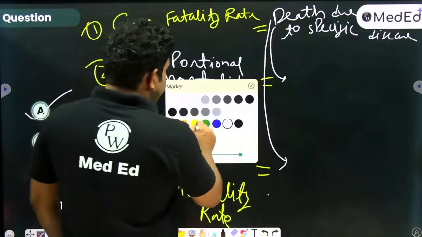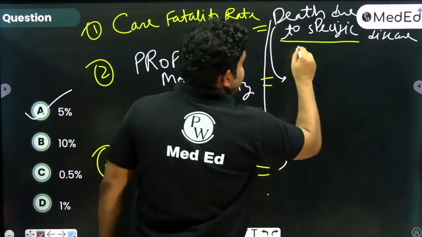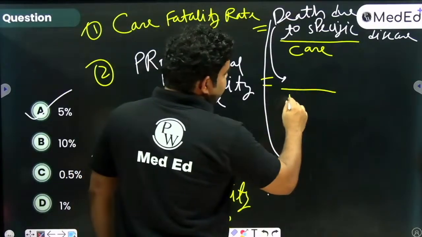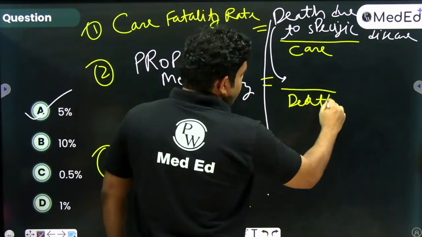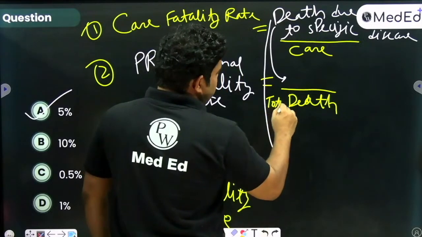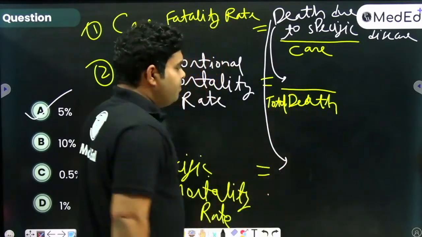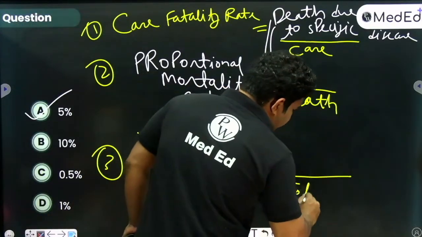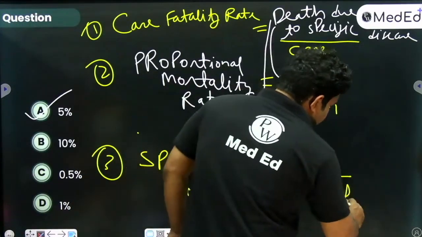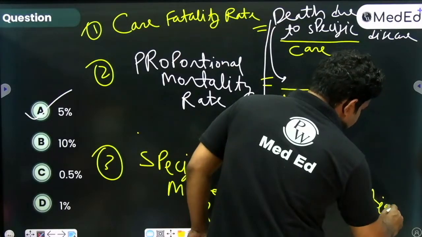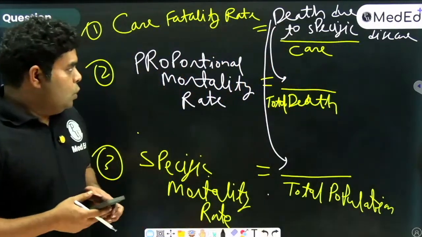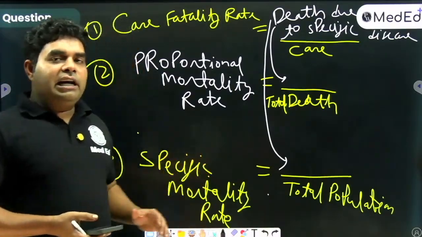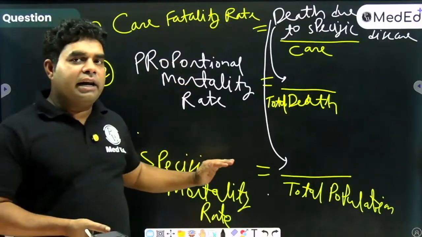Case fatality rate में denominator होगा case. Proportional mortality rate में denominator is total death. Total death, not death due to TB only, but total death. And specific mortality rate will have denominator of total population. And because in NEET exam also nowadays they are giving 4-5 numerical, so I am expecting in this NEET exam one numerical can definitely be from either case or proportional or specific mortality rate.